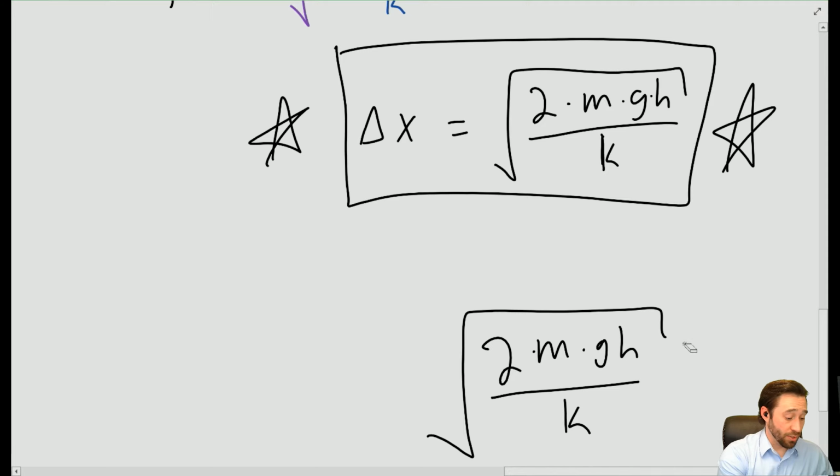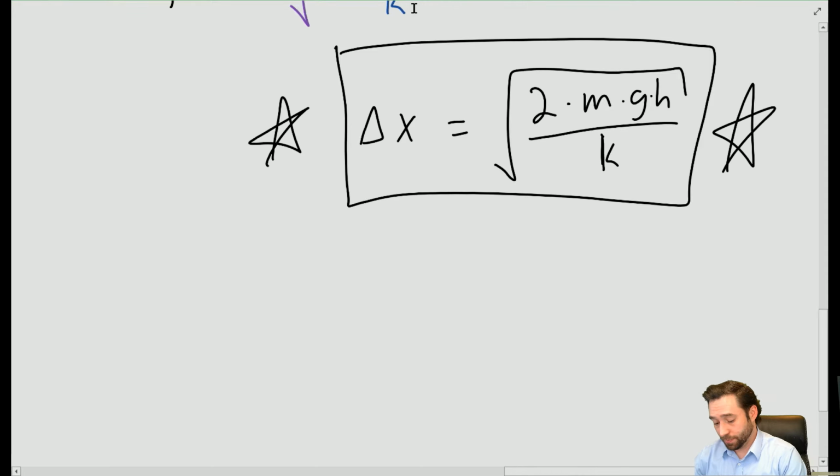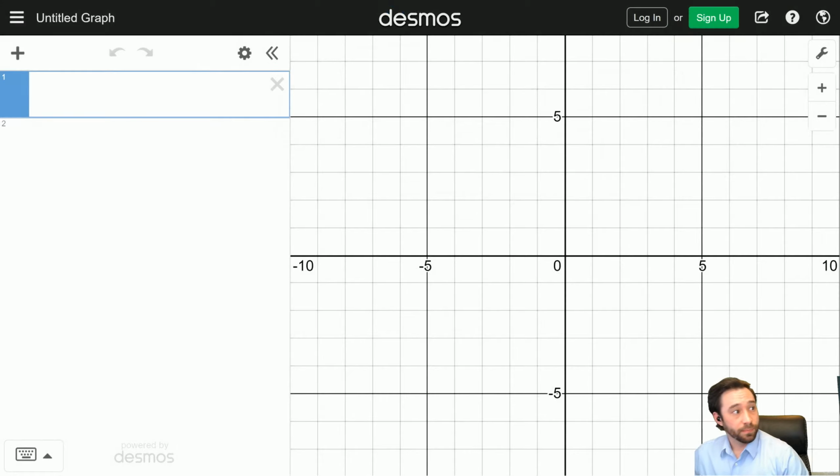Okay, so what I'm going to do now is I'm going to show you a kind of foolproof way on how to do this on Desmos. Okay, so maximize this projector. All right, switch over here.